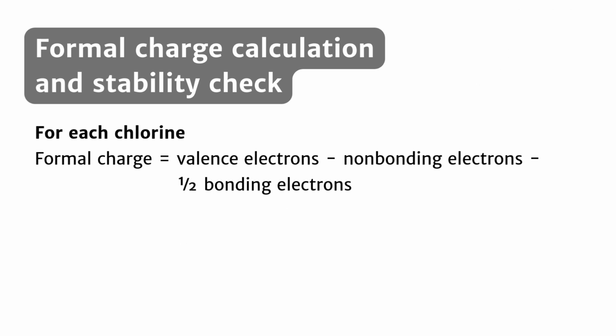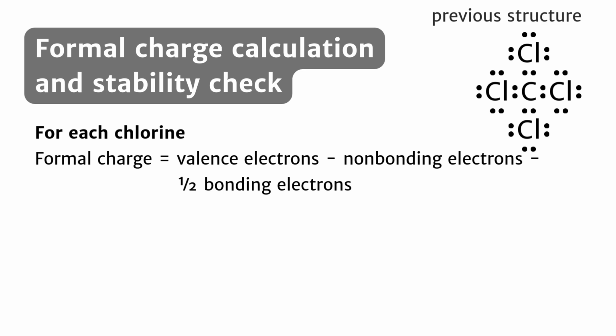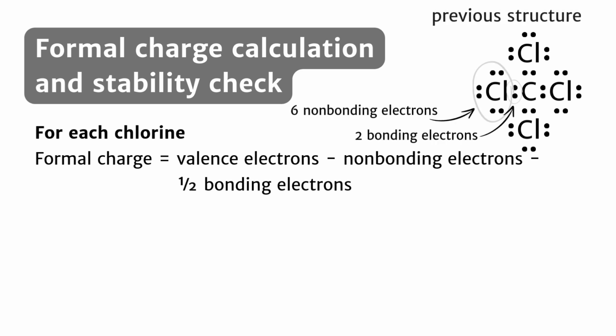For each chlorine atom, valence electrons equals 7, non-bonding electrons equals 6, and bonding electrons equals 2. So, the formal charge equals 7 minus 6 minus half multiplied by 2, which also equals 0.